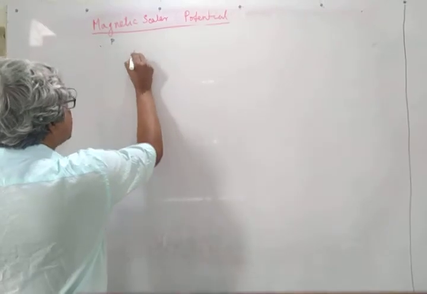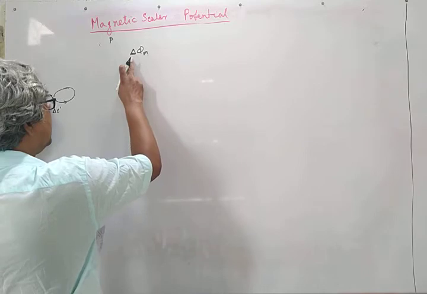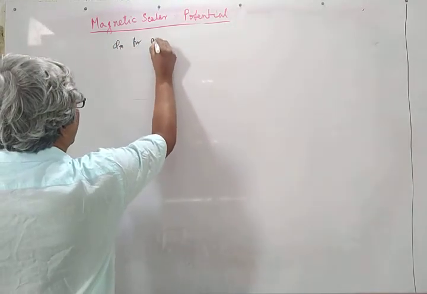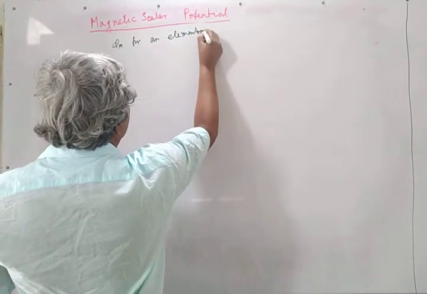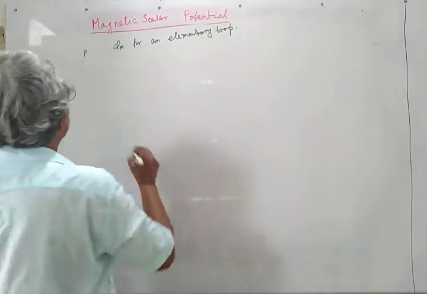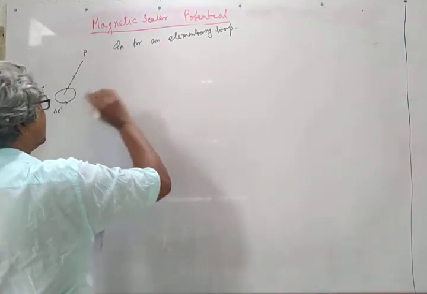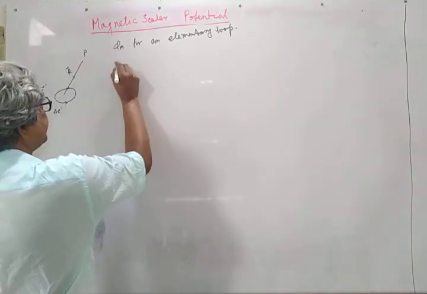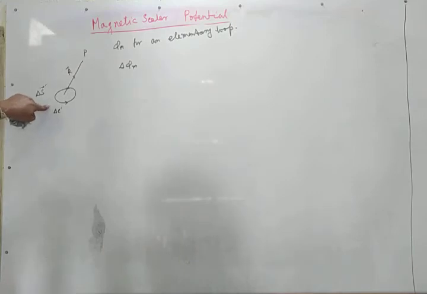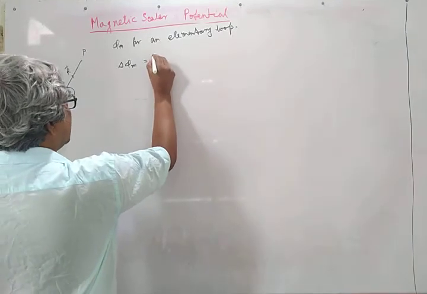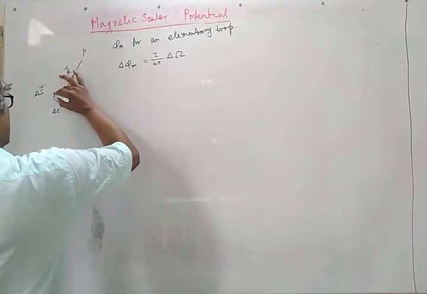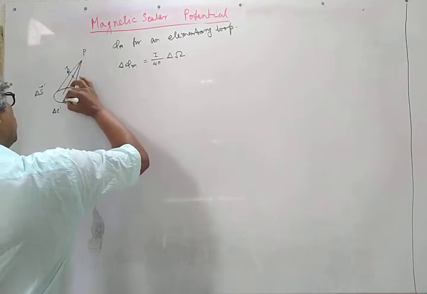Then the scalar potential phi m for an elementary loop, at a distance r, so the delta phi m, we use delta because the potential is due to an elementary loop delta C. So this we write as I upon 4 pi delta omega, where delta omega is the solid angle subtended by delta C prime at the field point.